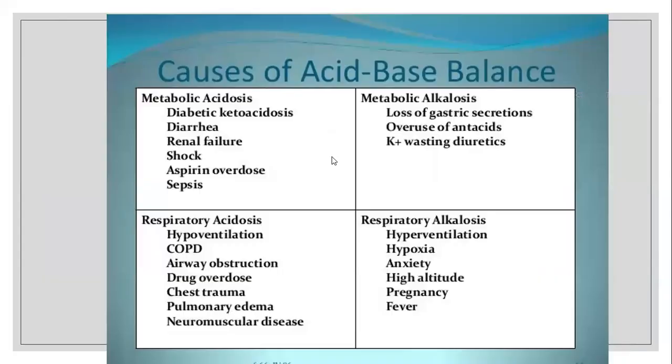So here are a few examples. If the calculation is hard, just try to remember the examples of metabolic acidosis and metabolic alkalosis, and the examples of respiratory acidosis and respiratory alkalosis. So let me explain one by one.